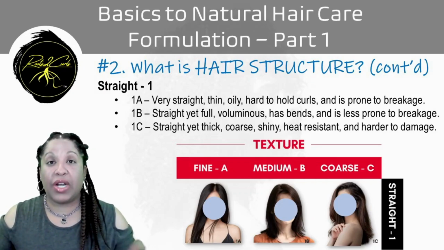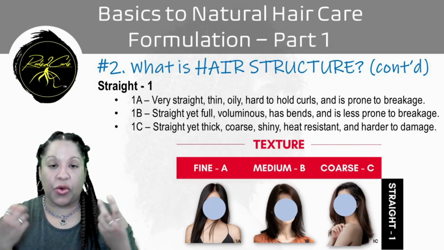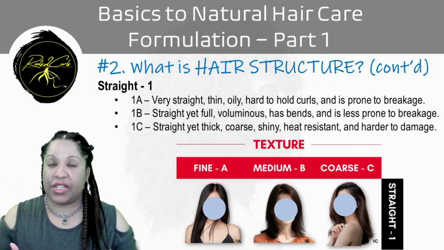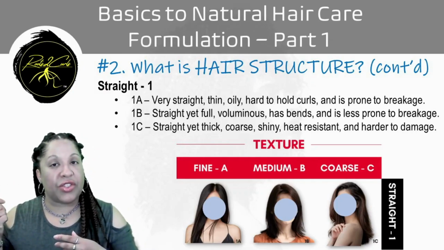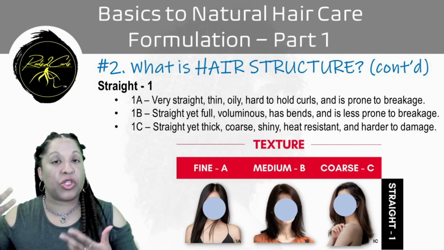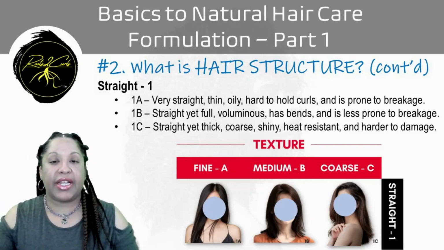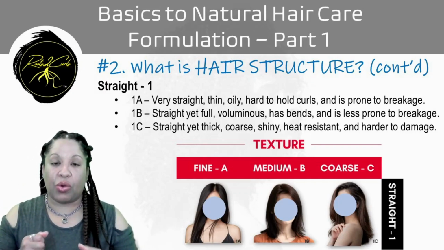And then we have straight 1C. It's straight yet thick and coarse and shiny, very shiny because of the oil. It's heat resistant, so it's hard to curl it and then try to wear curls throughout the day, because eventually it will go flat, and it is harder to damage because it's so coarse.